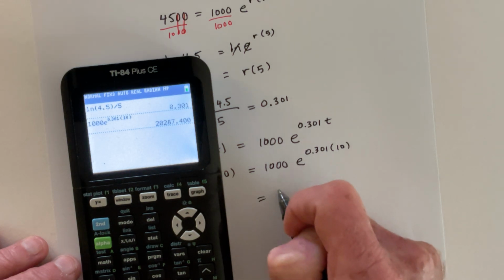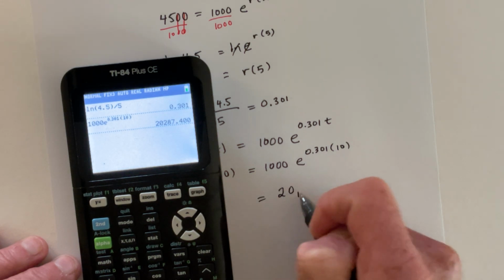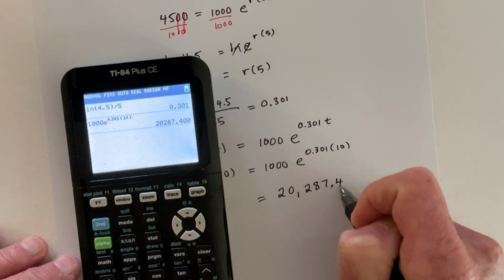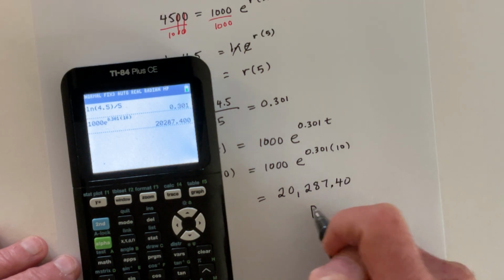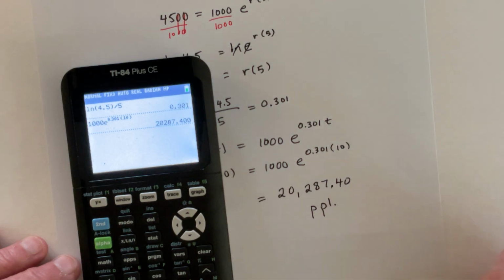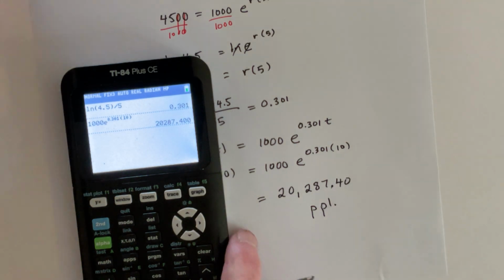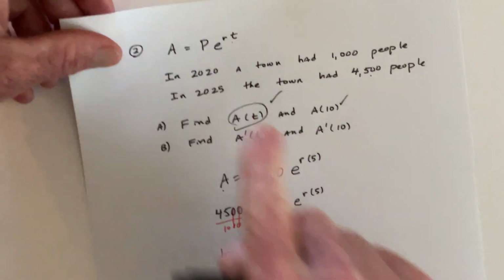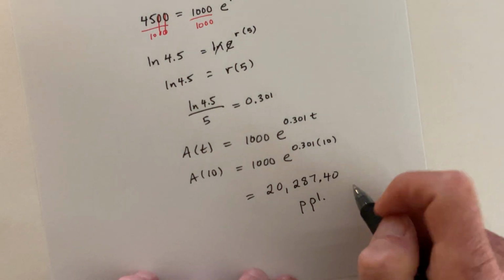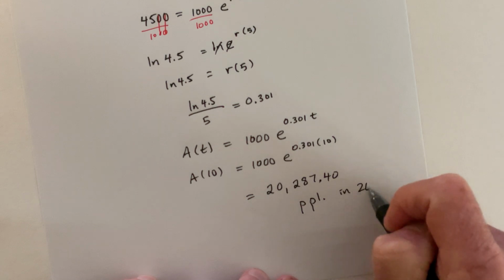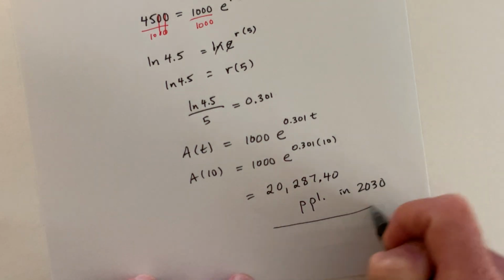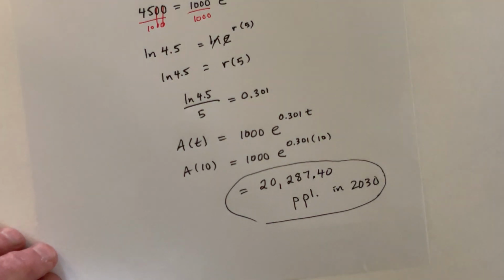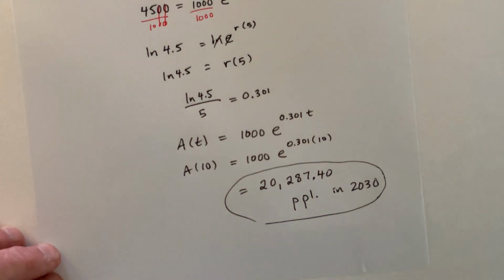So that means the town is going to have 20,287.4 people. So this is people. And let's see, this means 10 years later. The story started at 2020, so 10 years later would be 2030. So in 2030, that's how many people this town is going to have. They're going to need to build some new houses, I think.